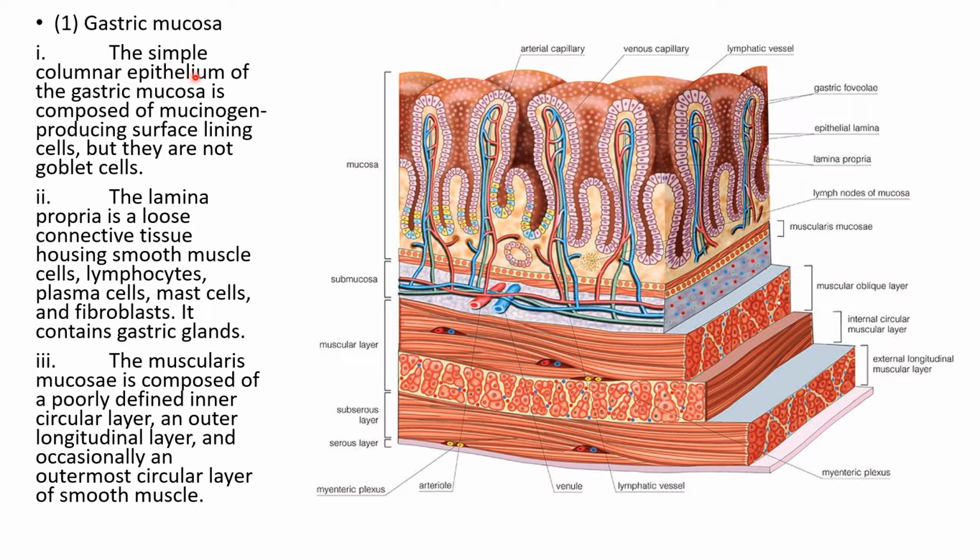This mucosa is composed of simple columnar epithelium. The gastric mucosa is composed of mucinogen producing surface lining cells, but they are not goblet cells.